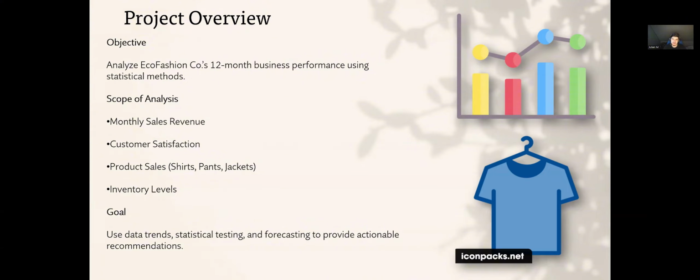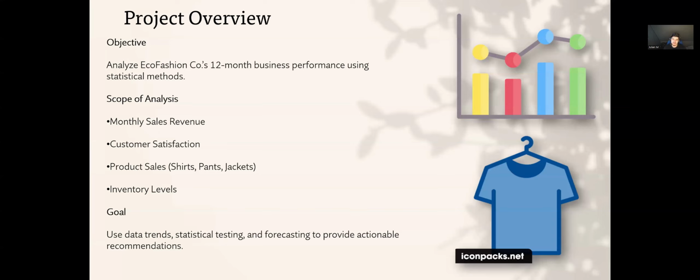We focused on four major areas, those being monthly sales revenue, customer satisfaction, product category performance, and inventory levels. Now, by looking at all of these together, we were able to see trends over time, compare groups, and test our ideas using inference.